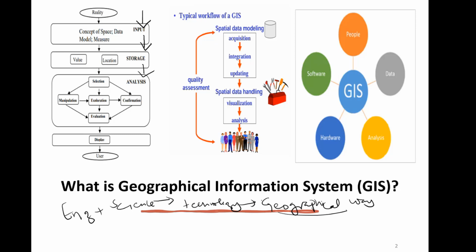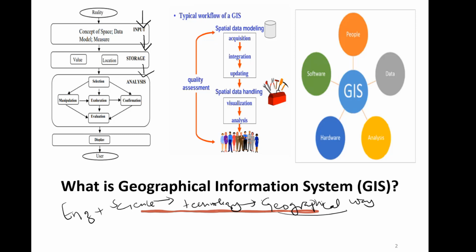GIS is the computer tool which can visualize, analyze, and interpret geographical data. Why do we need to interpret that specific data? Because we would like to draw ideas from which we can get our desired information.